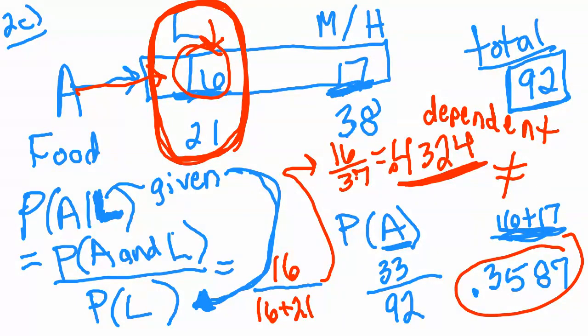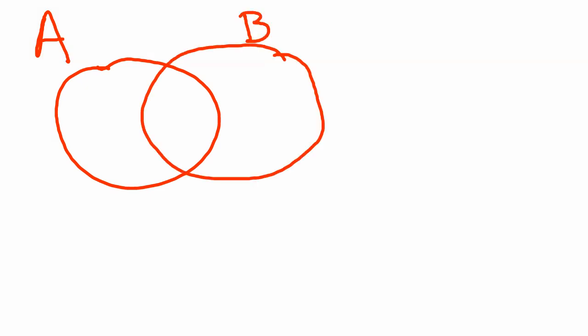But before we do that, let's talk a little bit about conditional probability. So we have set A, and let's say set B, and they overlap.